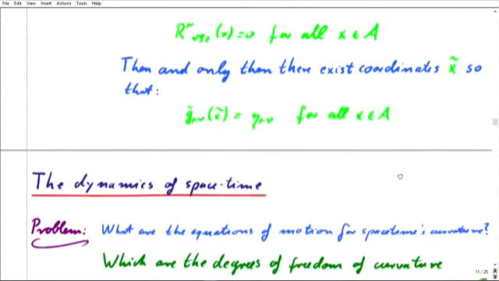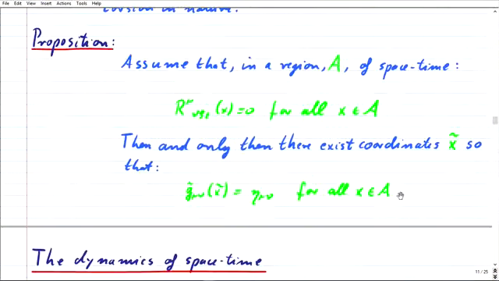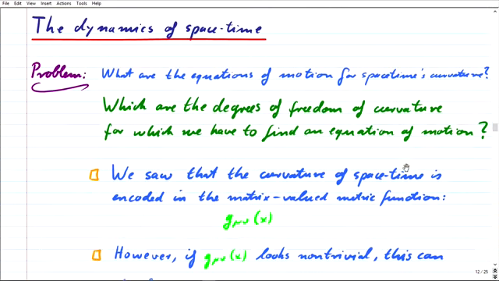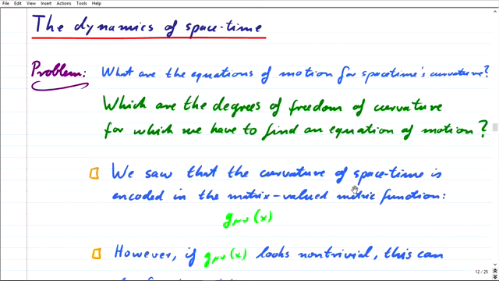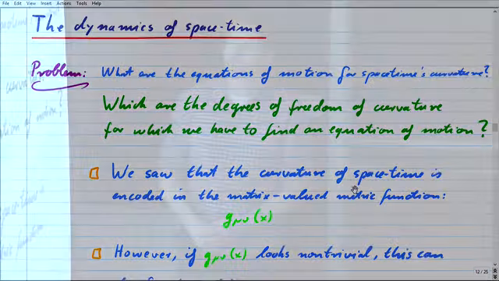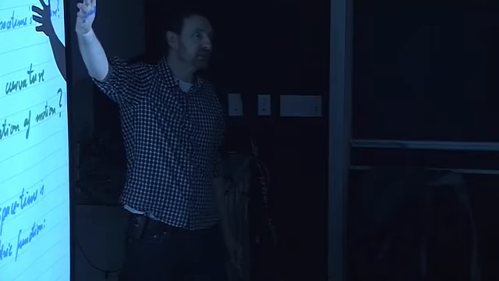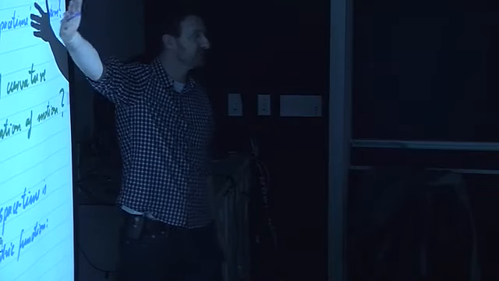All right, so now the dynamics of space-time. What are the equations of motion for space-time? For its metric, for its curvature? Now, in principle, we want to know the equations of motion for the Riemannian structures, or the equations of motion for the Lorentzian structures.